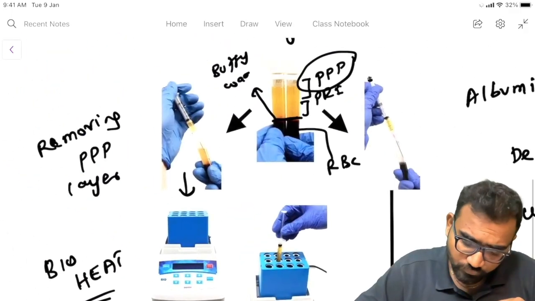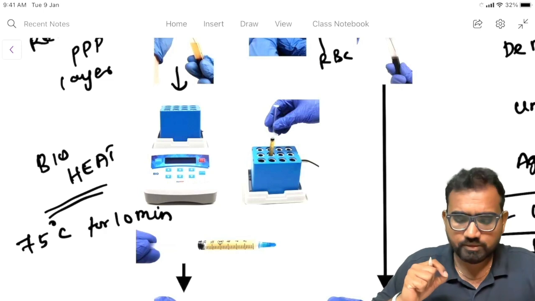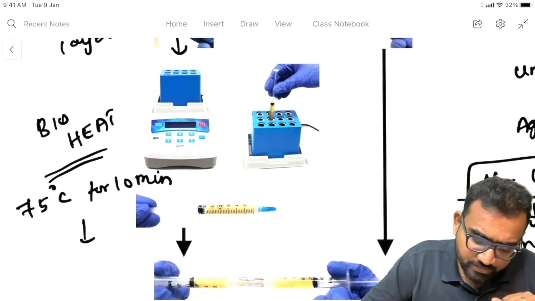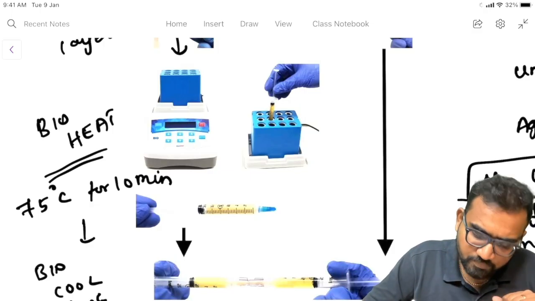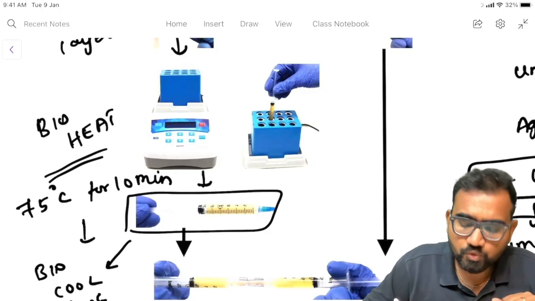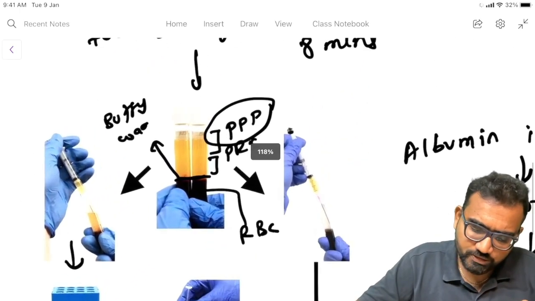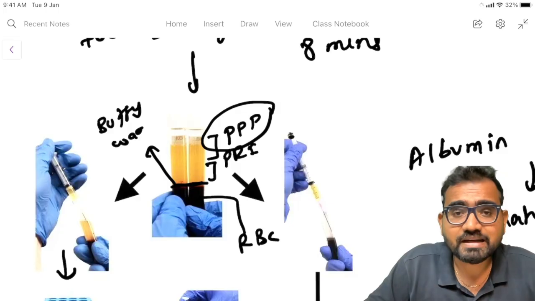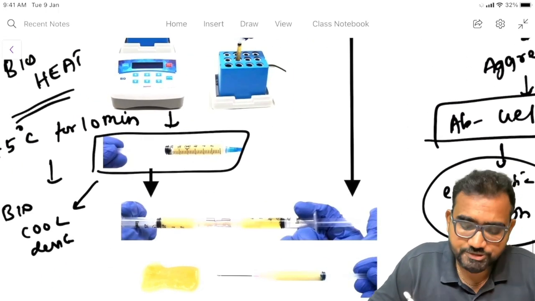Once the PPP layer is taken, it is heated in the BioHeat machine at 75 degrees Celsius for 10 minutes, and then it is kept in a BioCool device. You get a gel after this, and then I keep it in the BioCool device. The remaining portion, that is the liquid PRF, the buffy coat and the RBCs, are taken and mixed with this albumin gel.